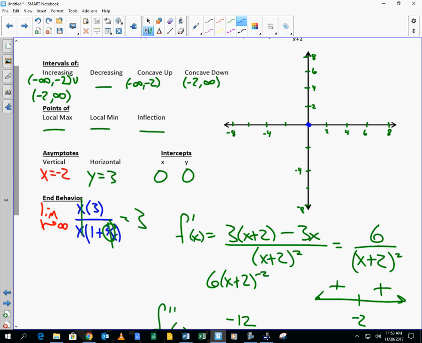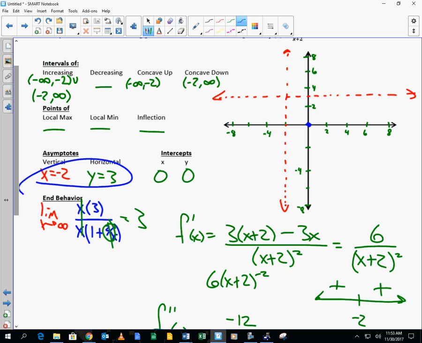I've got a vertical asymptote at negative 2. I have a horizontal asymptote at 3.